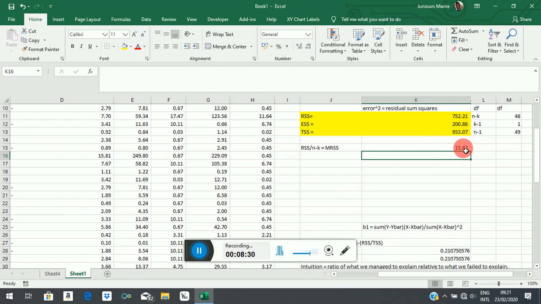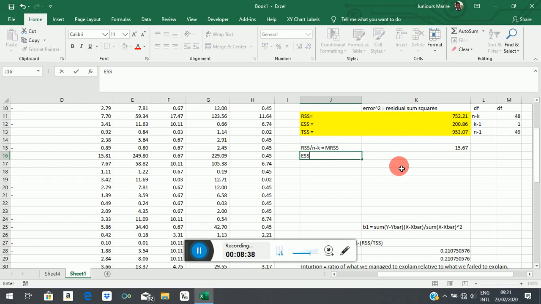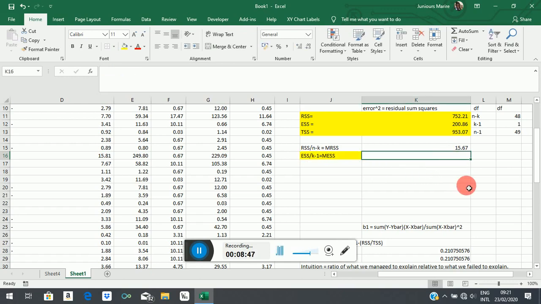This is also the variance of y in your regression. Then your explained sum of squares over k minus 1 is your mean explained sum of squares, or regression sum of squares, and this is equal to this number here over that, which is that.